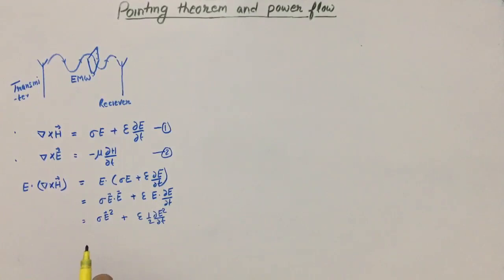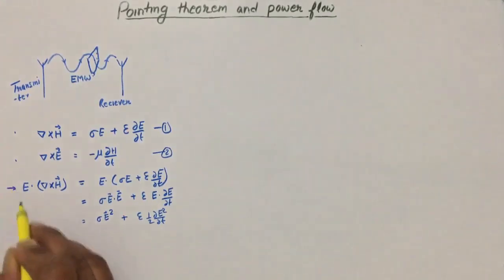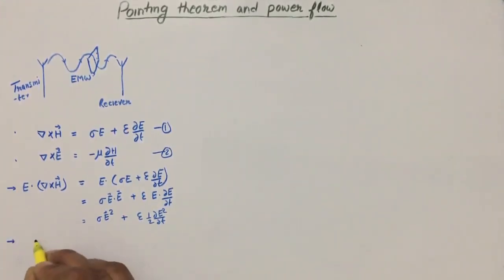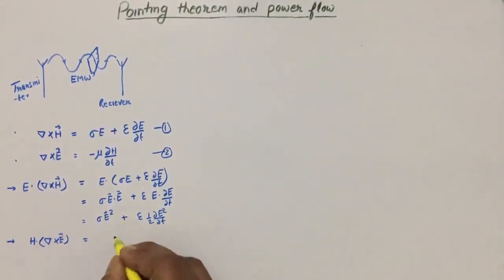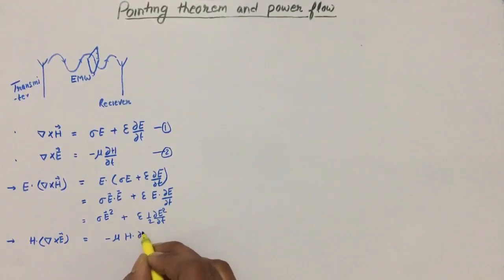Similarly, let us do the dot product of the second equation with H. So when we do the dot product of del cross E with H, then we will have minus mu H dot del H by del t.